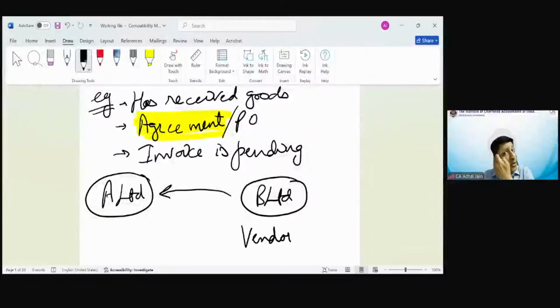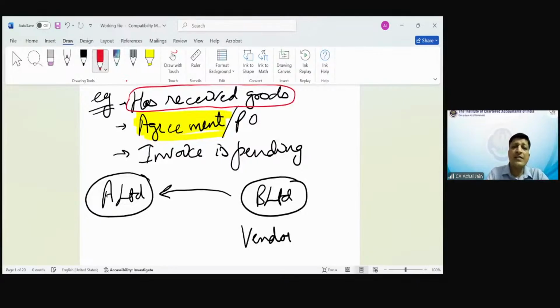So A would be knowing what is the amount of goods which are required to be received, and if they have also received that physically, A would know whether it has received. Let's suppose the agreement was for 1 lakh. So now when A has received the goods physically, don't you think A will know whether it has received the goods worth rupees 1 lakh or not? Tell me. Don't you think so? The answer is yes.